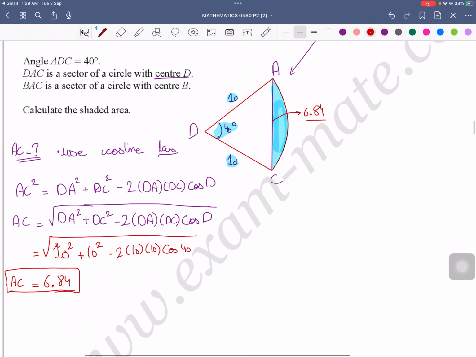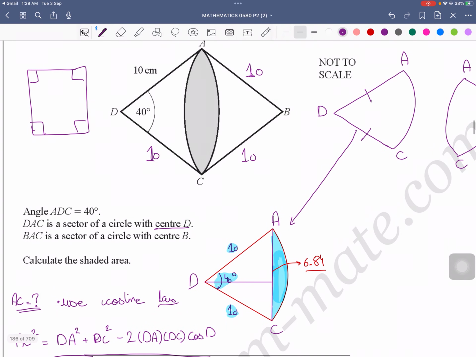For our ease, we are going to make a right angle through it, and when we make a right angle, again these are going to be equal right angles. Just to demonstrate, in the original diagram it will be something like this.